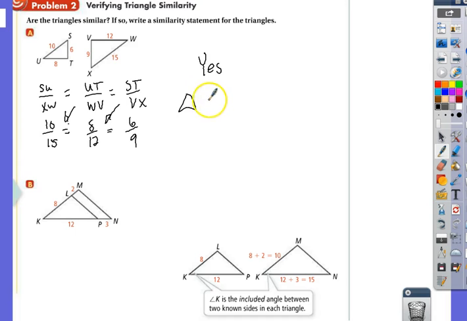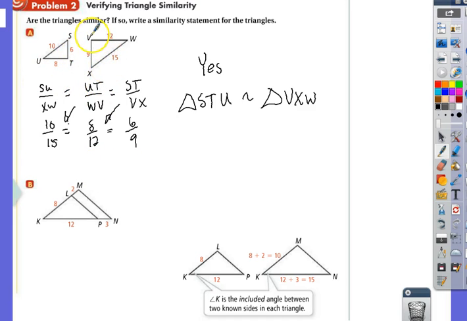It doesn't matter what order I organize my letters in the first triangle, but the corresponding parts have to match up. So going from S to T, that was the 6 side. To do that, I need to go from V to X. So VXW is going to be my similarity statement. Small, medium, large, small.